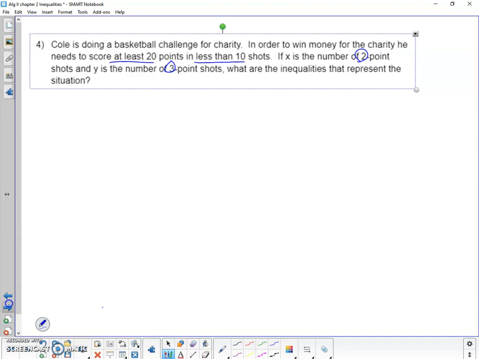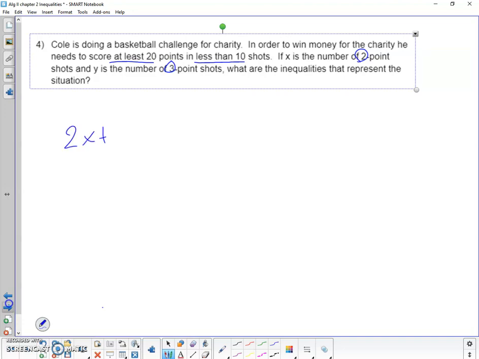Okay. Alright, so the 2 and the 3 tell us how many points we're going to get. Okay, so which equation is that going to go with? The 20 or the 10? The 20, right? 20 is how many points? This tells you our point value.